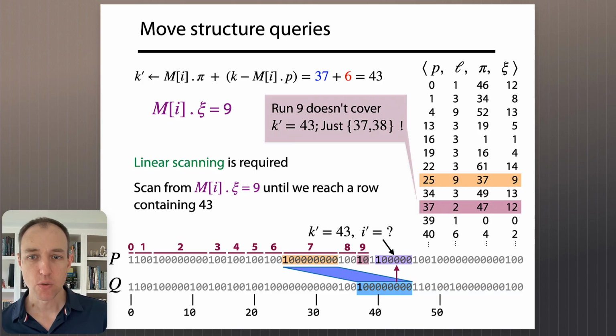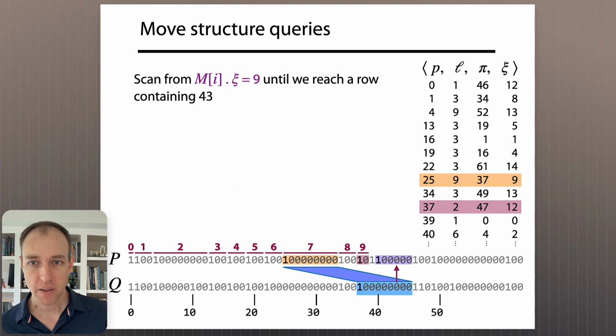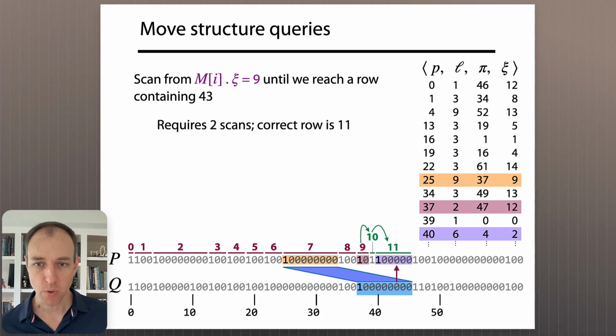So we need to scan, which is to say, okay, xi took us to row 9, but row 9 wasn't the correct row. Row 9 was too early. Now we need to scan forward until we find the row that contains offset 43. Okay? In this case, that's going to require 2 scans. So we have to scan until we reach a row containing 43.